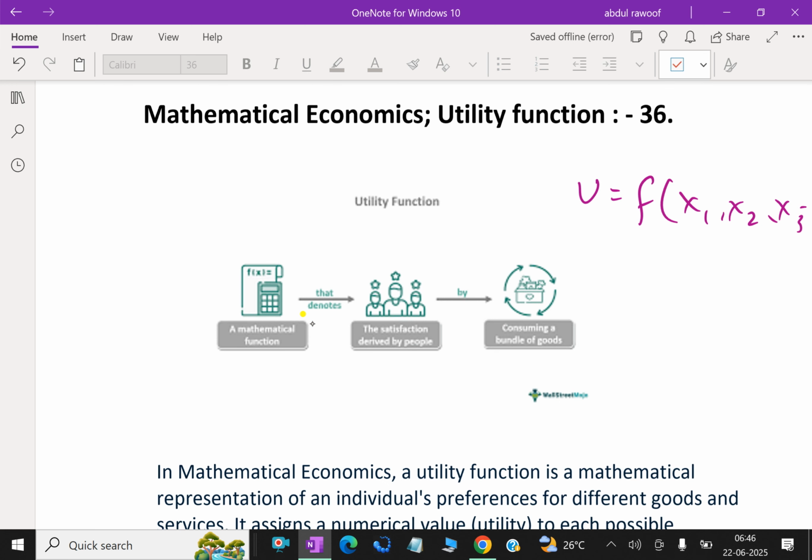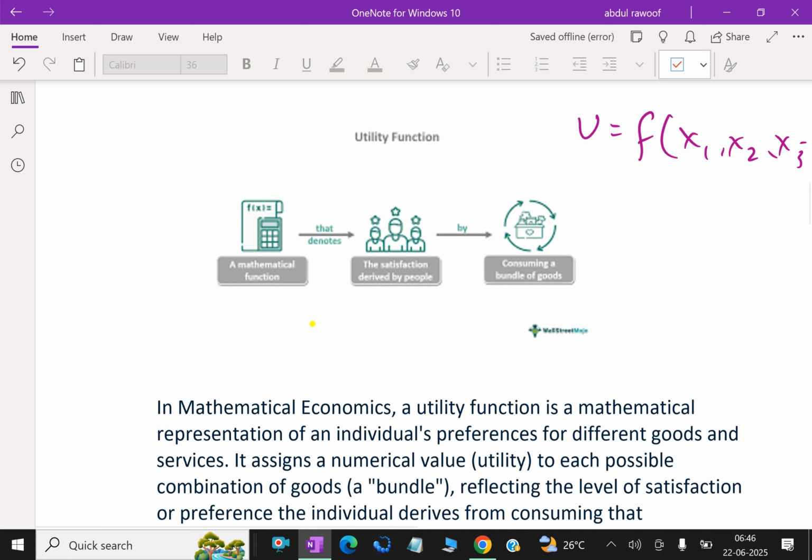Now, for example, utility function u equals x squared plus 15. Now, how to find the marginal utility from this function?